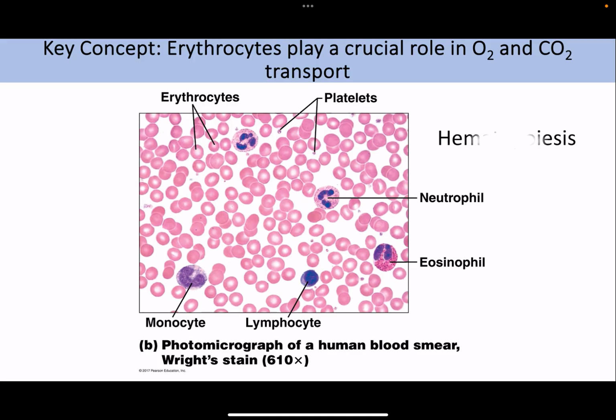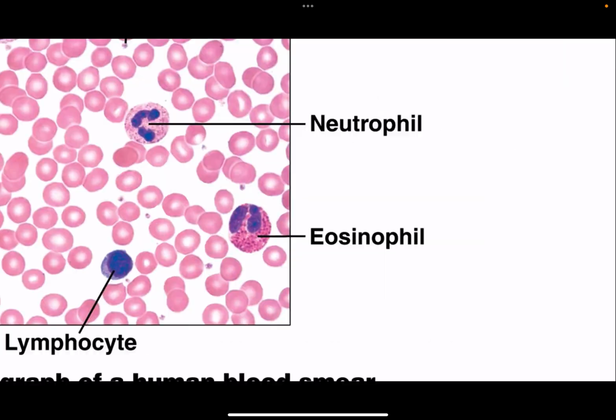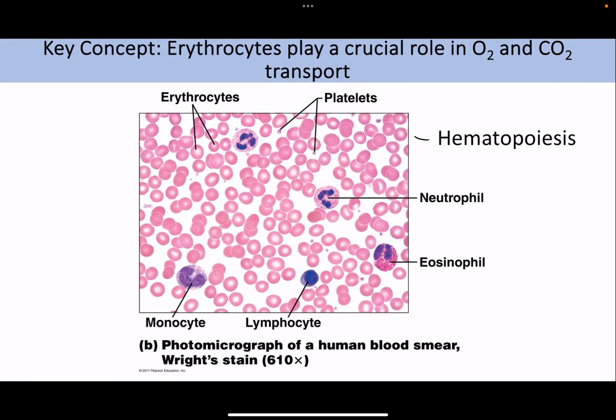Okay. Next, we're going to talk about blood cell production. Know that hematopoiesis is the general term for just blood cell production. So this means all blood cells.